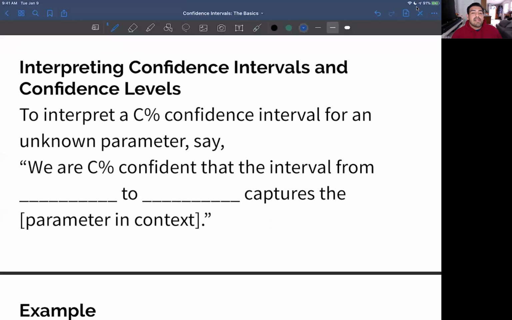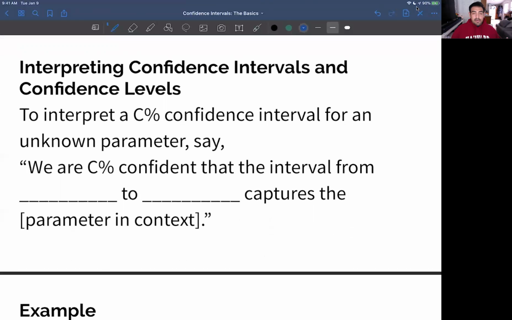So let's talk about interpreting confidence intervals and confidence levels. To interpret a C% confidence interval for an unknown parameter, this is what we say: we are C% confident that the interval from the lower bound to the upper bound captures the whatever parameter we're truly talking about.